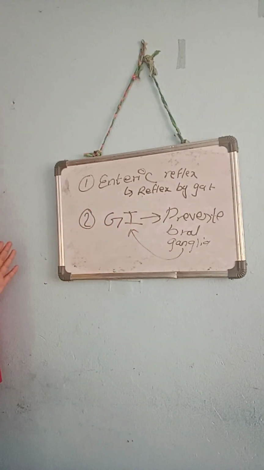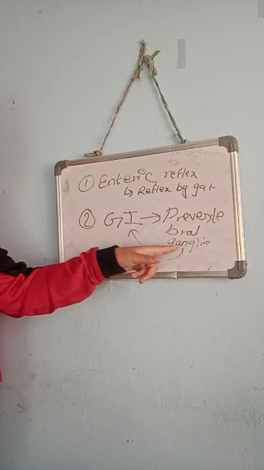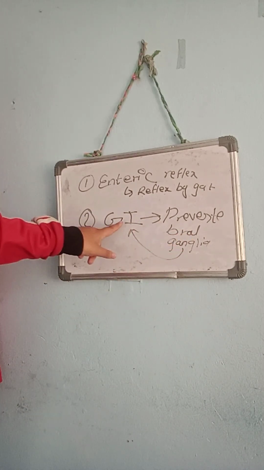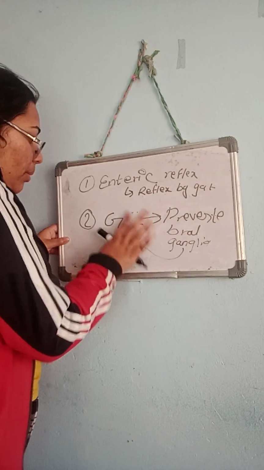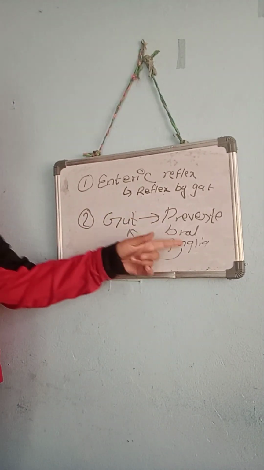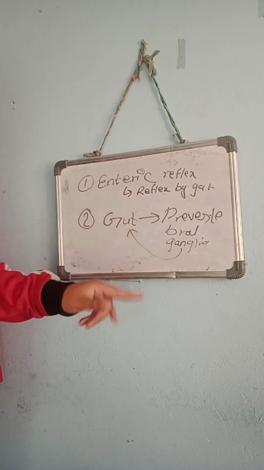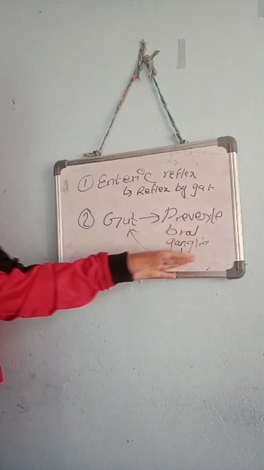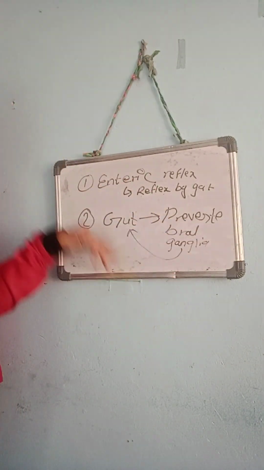In simple language, this arrangement is gut to the prevertebral ganglia of the sympathetic nervous system, and again from the prevertebral ganglia of the sympathetic nervous system back to the gut.